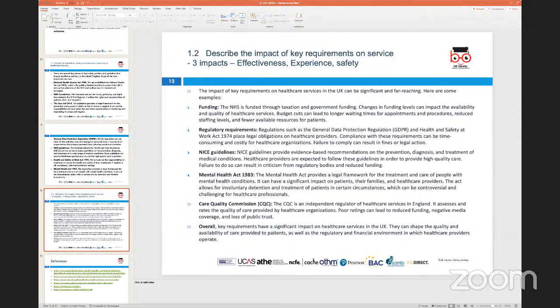As a further example of how we measure impact, let's consider the COVID-19 pandemic. The pandemic had a substantial impact on how healthcare services were delivered.